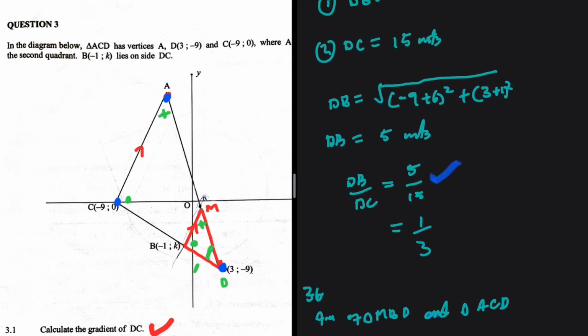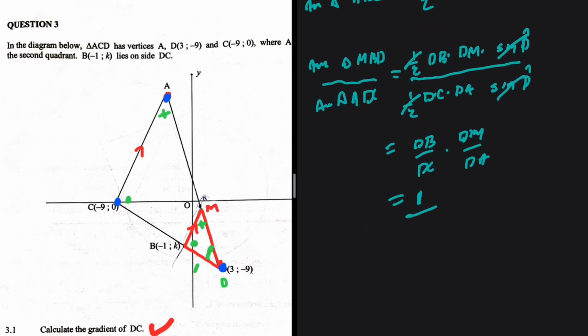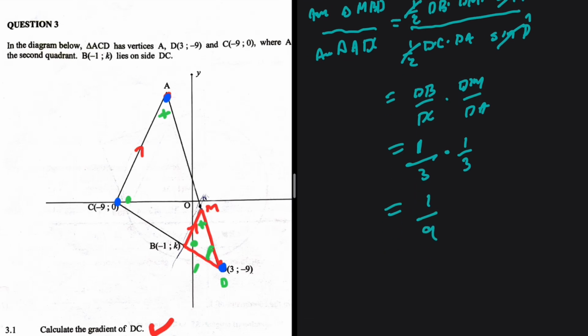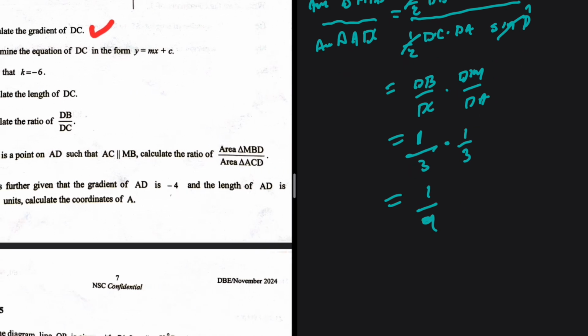From D to C, we had 3 here, and then from D to B, we had 1, right? So, okay, everything is fine. So DB we have 1 there, and then DC we have 3, multiplied by DM over DA, same thing, 1 over 3. So we are going to have 1 multiplied by 1, which is 1, 3 multiplied by 3, which is 9. So the ratio of the area of the two triangles is 1 over 9.